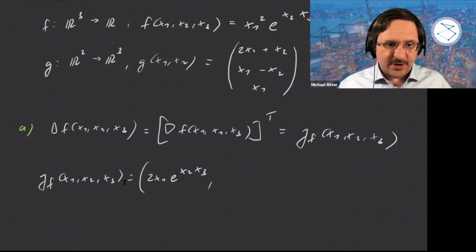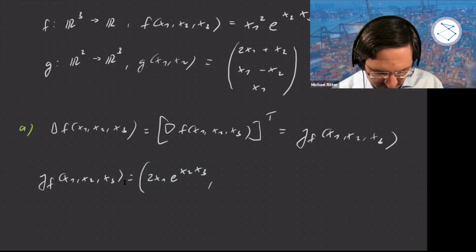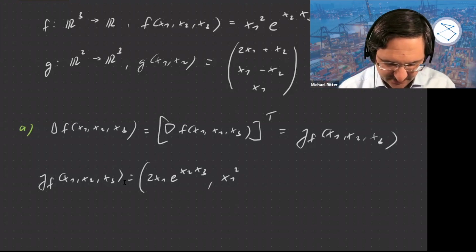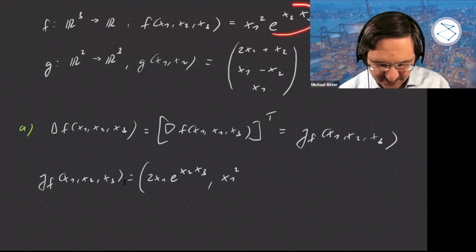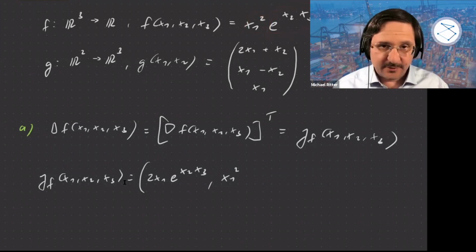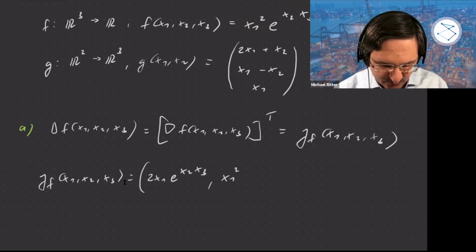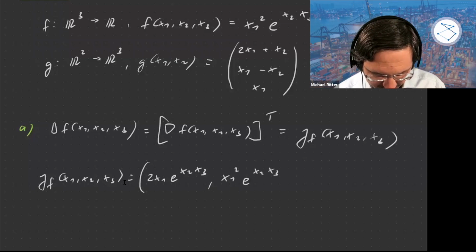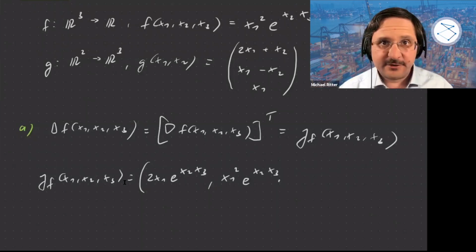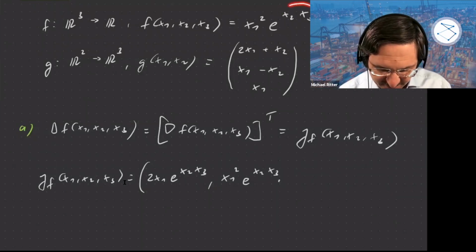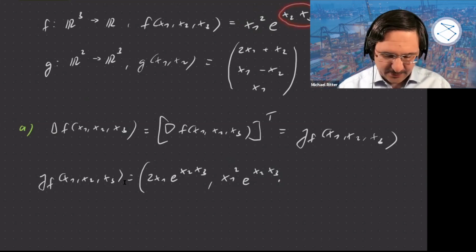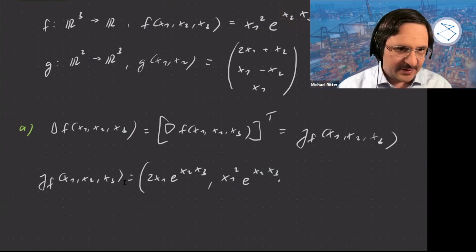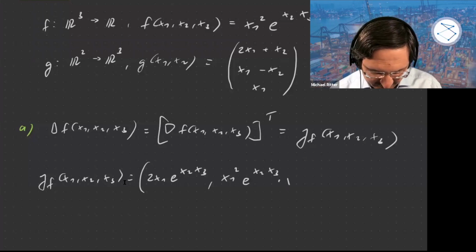Differentiating with respect to x2 means we have this x1 squared. That's just treated as a constant. And then we need to differentiate this expression here with respect to x2. So that means we get e to the power of x2, x3. And then we have to use the chain rule and we have to differentiate the inner function, this one here, with respect to x2. And that yields a factor of x3.